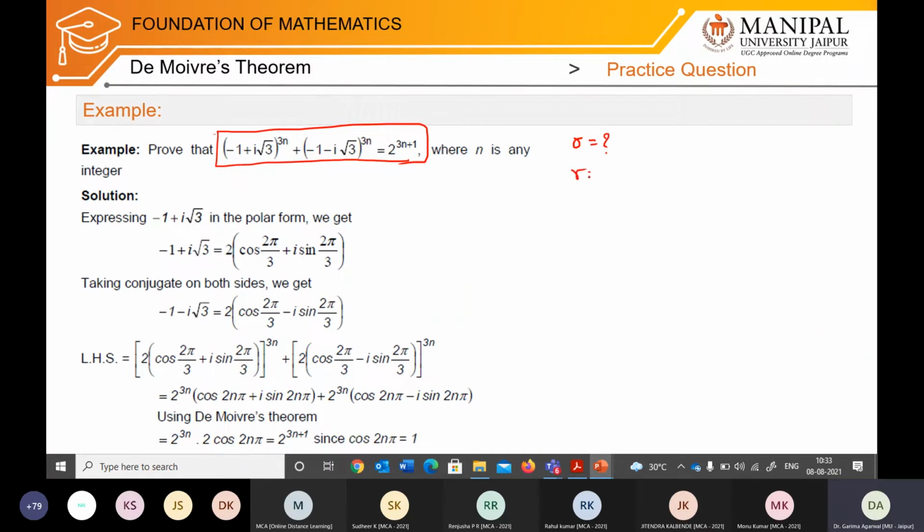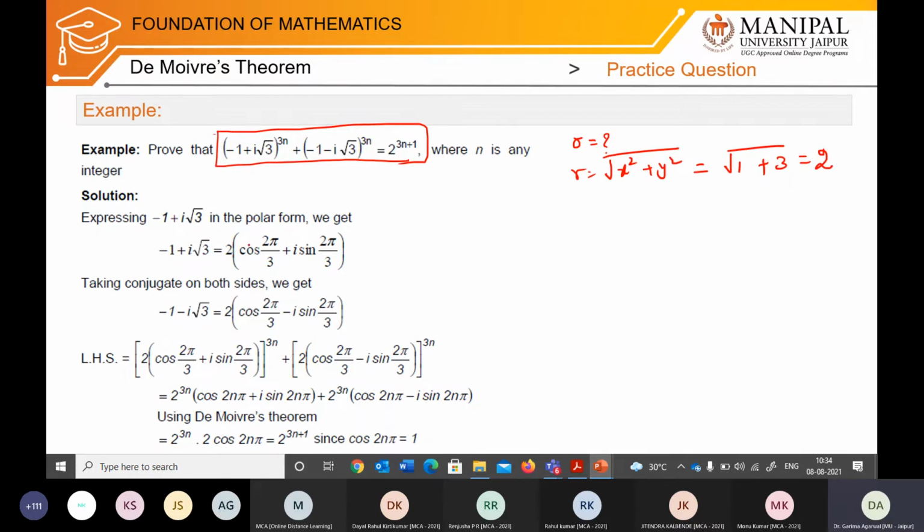So r is root x square plus y square. Here the value of x is minus 1, that is root 1, and y is root 3, so it will be root 4, so the value of r is 2, right?